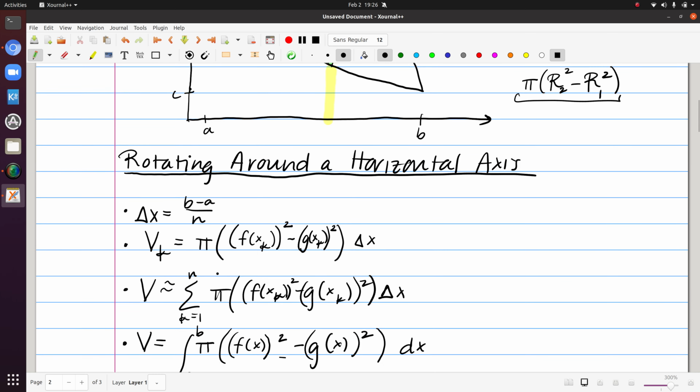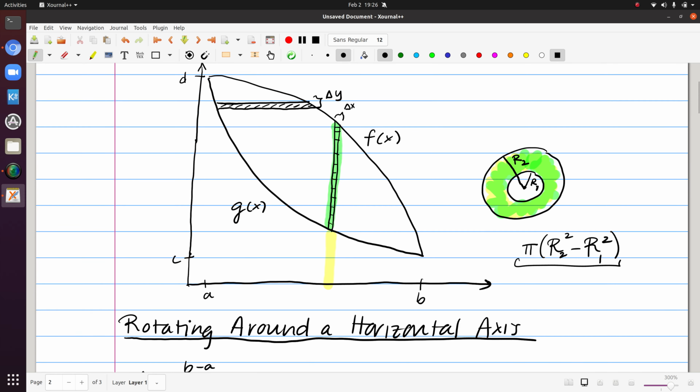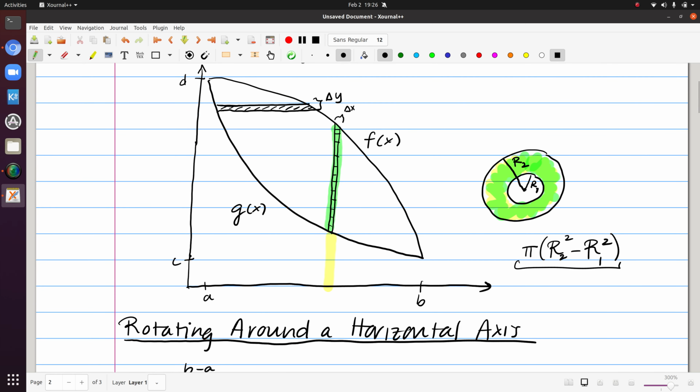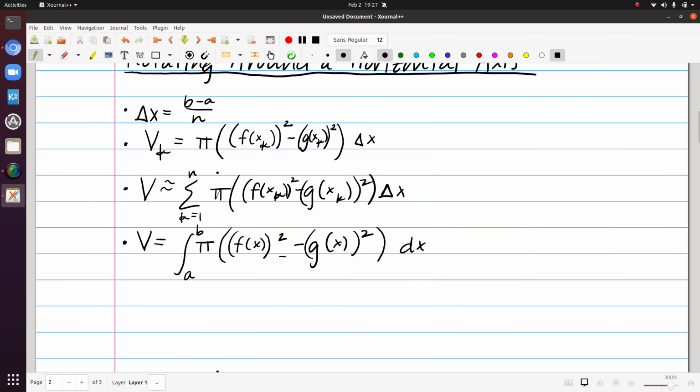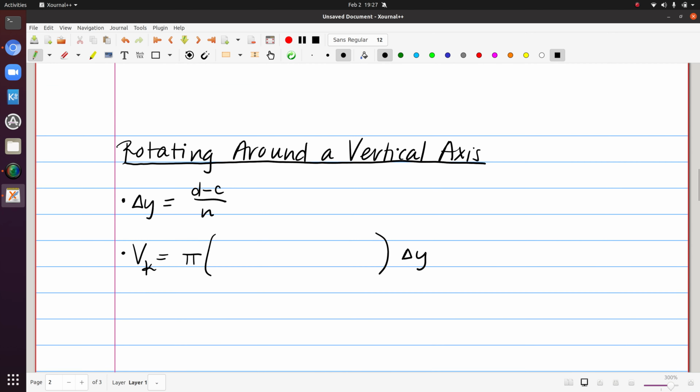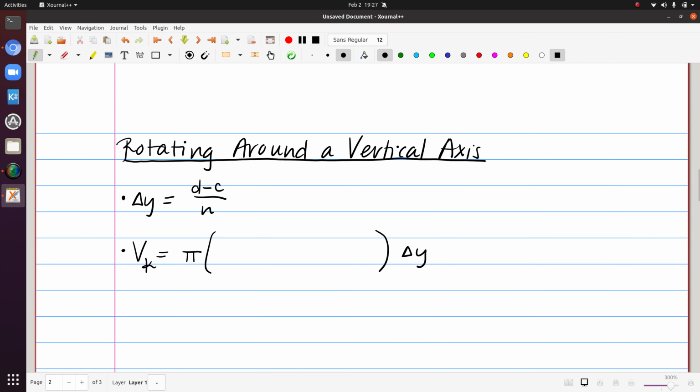So just like we had to do when we talked about rotating a disk around a vertical axis, we need to think about our functions and express them in terms of y because we're integrating against y. So for this picture, the f function is still further away from the y-axis. So now I'm focusing on the fact that it is further to the right in some sense. But instead of writing f of x, I would want to put in what the inverse of that function is.